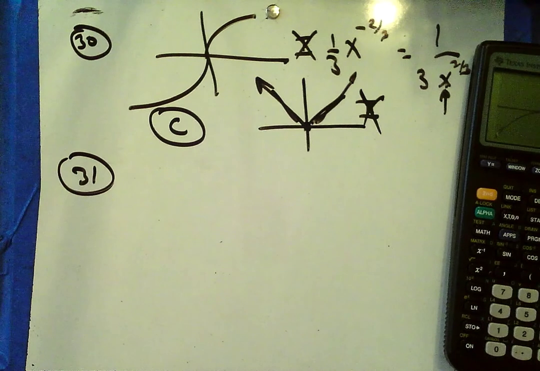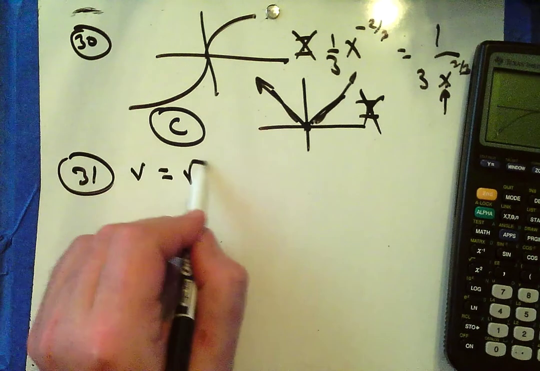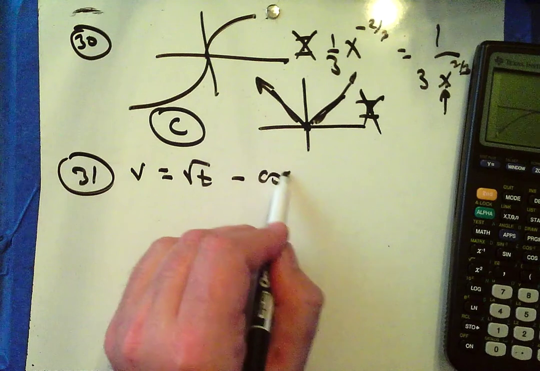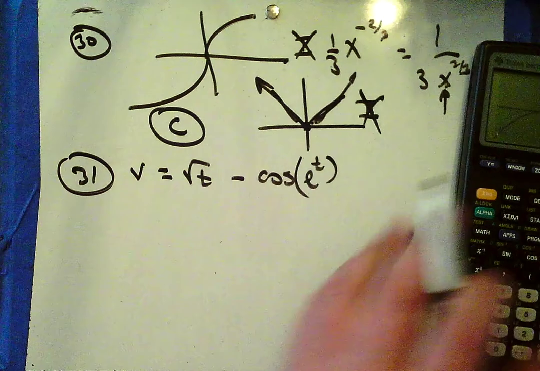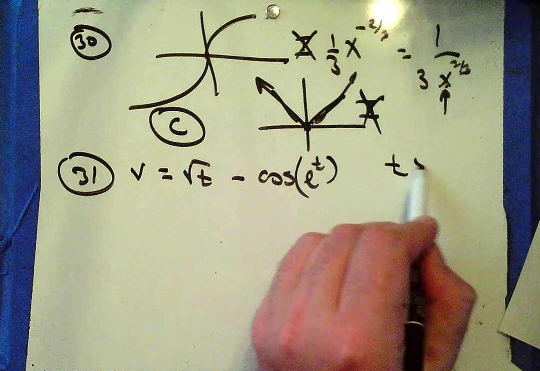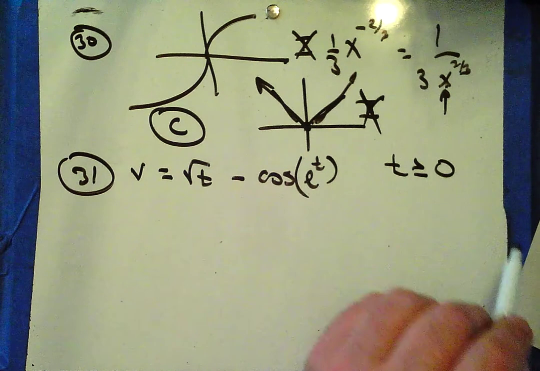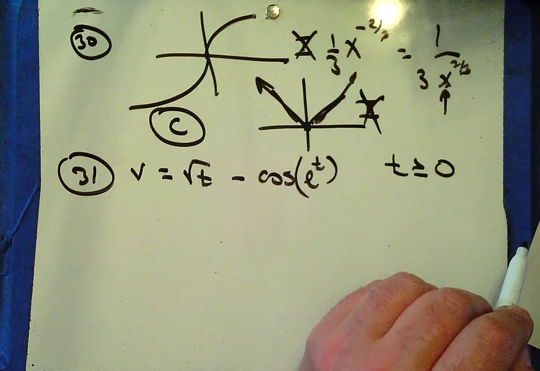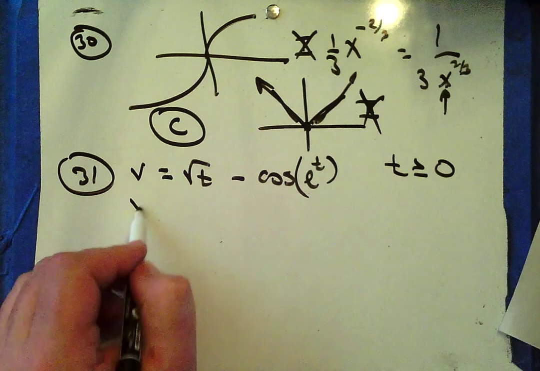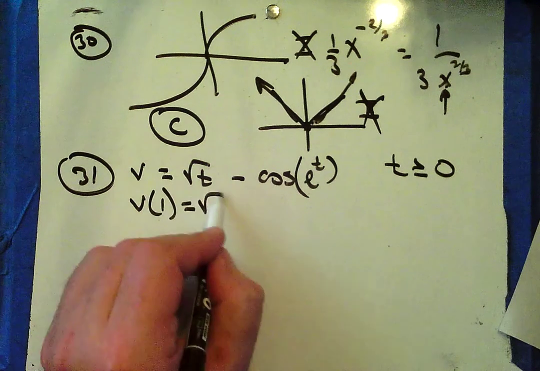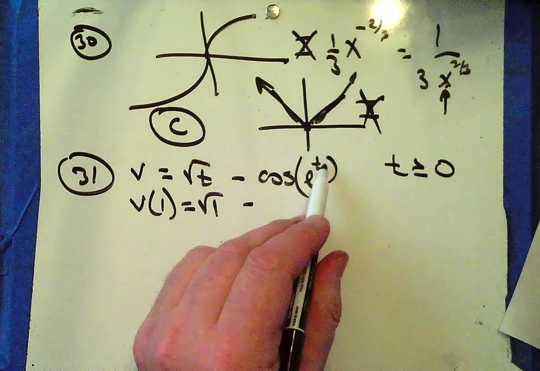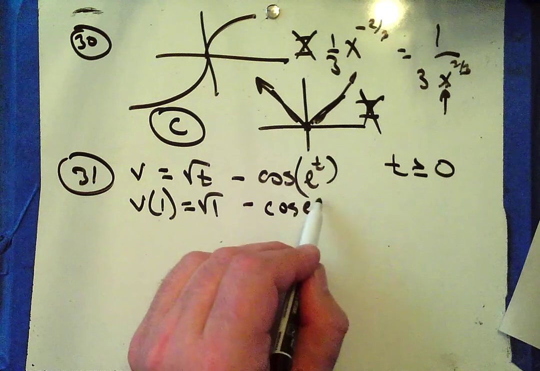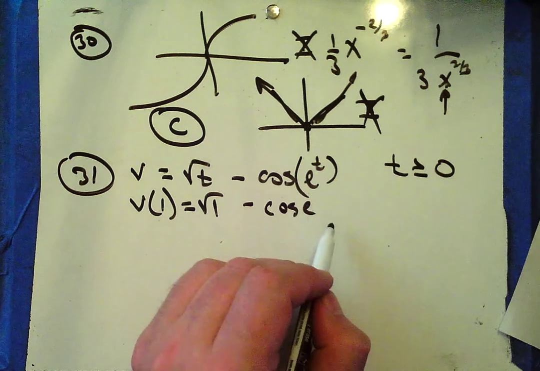An object moves along the y-axis with a coordinate position y of t, and the velocity v of t is square root of t minus cosine of e to the t for t greater than or equal to 0. At t equal to 1, the object is moving downward or upward? So I want to know v of 1. That's square root of 1 minus cosine of e.